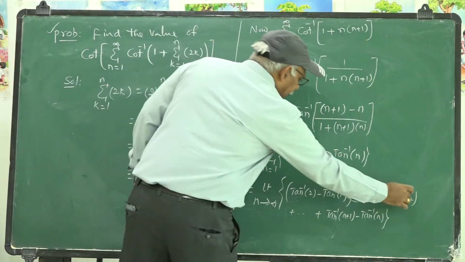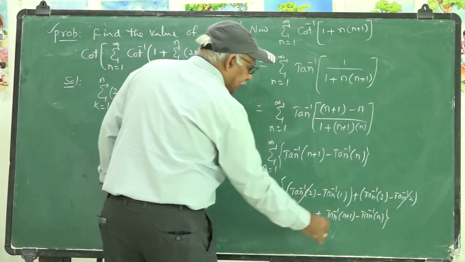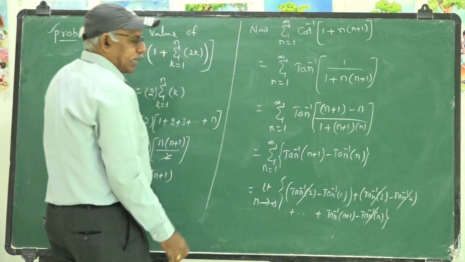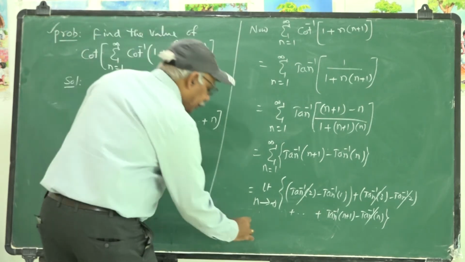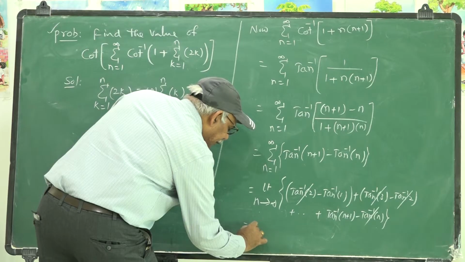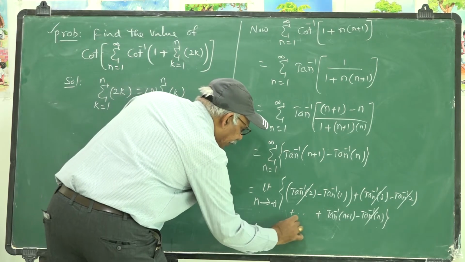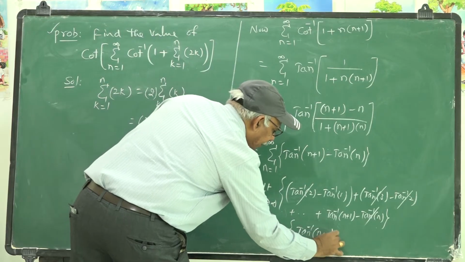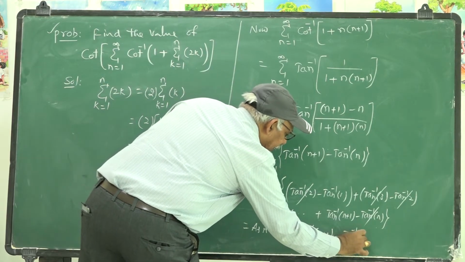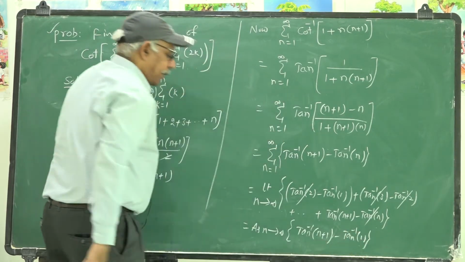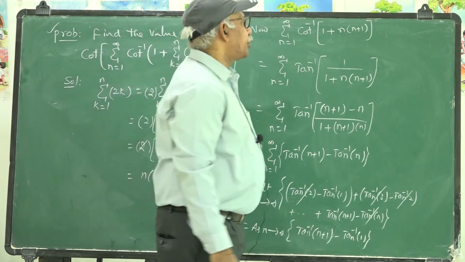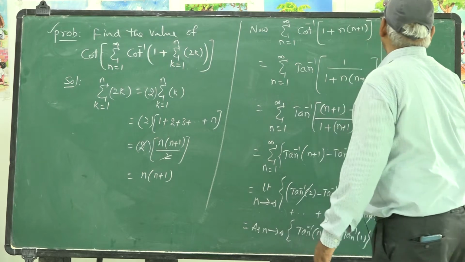So this tan inverse 2 cancels, tan inverse 3 cancels in the next term. Similarly, tan inverse n cancels in the previous term. So as n goes to infinity, we obtain tan inverse of n plus 1 minus tan inverse 1. As n goes to infinity, tan inverse n plus 1 goes to tan inverse infinity.